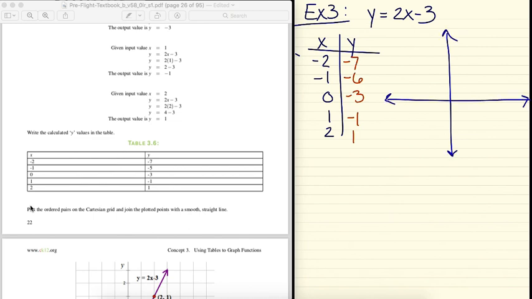So I'm drawing this here, labeling X and Y. My X's went to -4 on the left side and +4 on the right side.